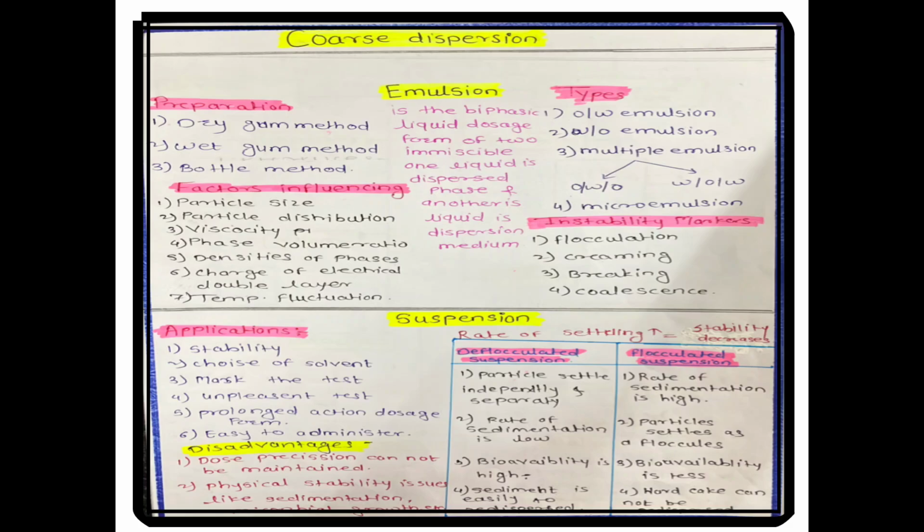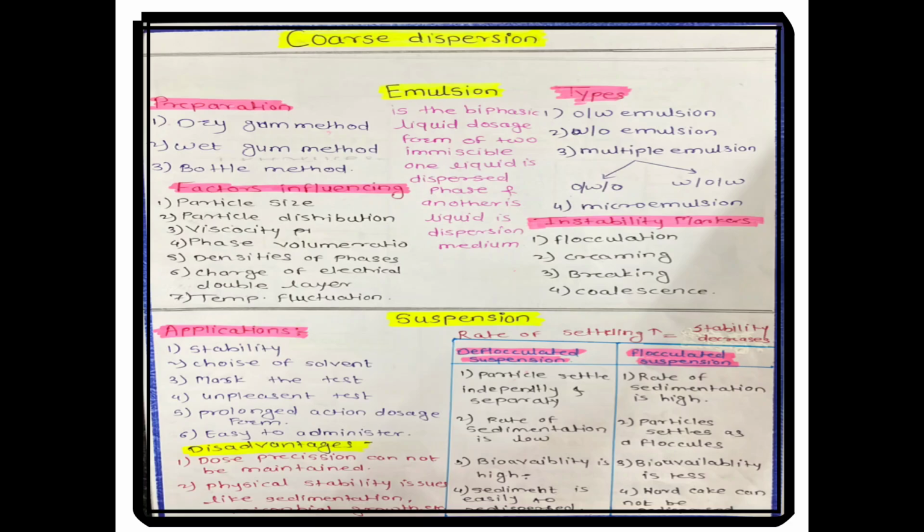Coarse dispersion methods of preparation: in emulsion we think about methods, that is dry gum method, wet gum method, and bottle method. Emulsion is also a biphasic liquid dosage form of two immiscible liquids, where one liquid is the dispersed phase and another liquid is the dispersion medium.